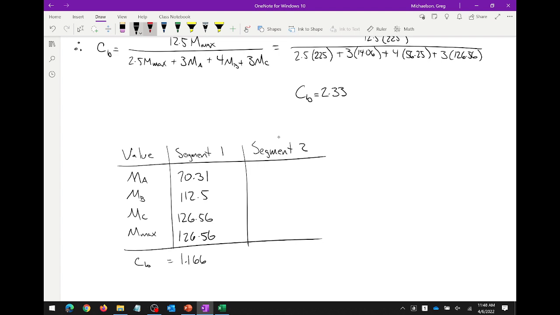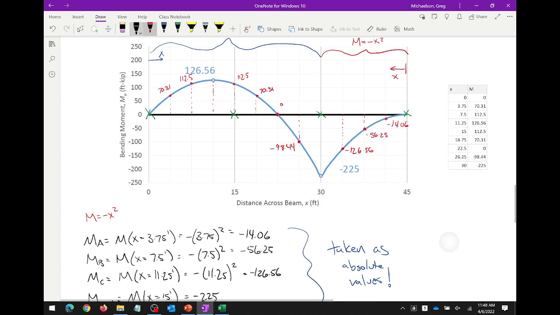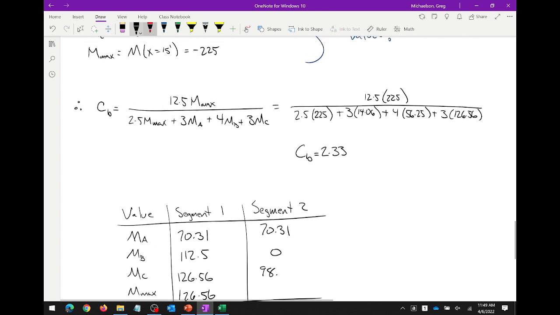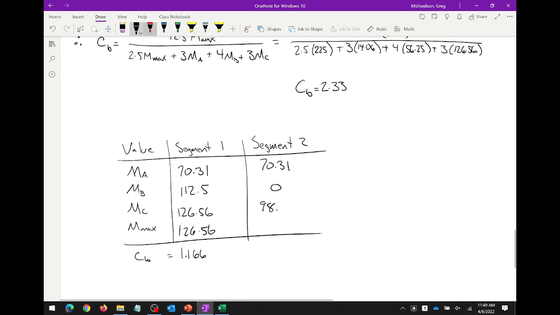And then for the final segment, we have 70.31, 0, 98 point, I think it's like 44. Yeah, 44, and 225. And then we need to compute CB. I actually don't have that one computed, so I'll have to do that one off to the side. Well, actually, I have students in front of me with Casio FX115 ES Plus or similar scientific calculators. What do we get as the CB for that second segment?